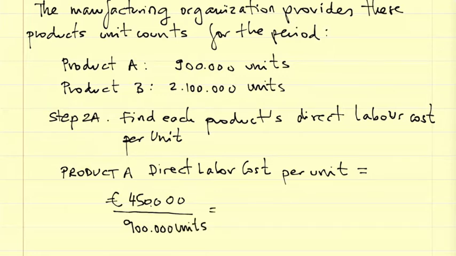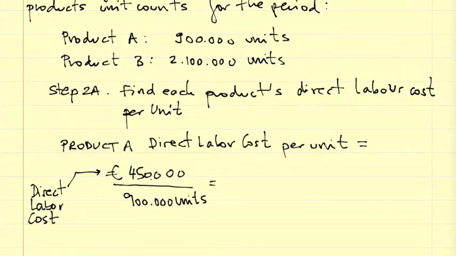Remember that we had a direct labor cost. This is the direct labor cost, and in the step 3 of our traditional accounting, this was the position number 6, if you look at it again.